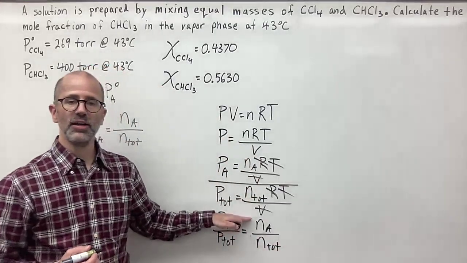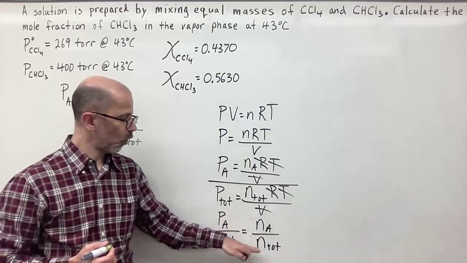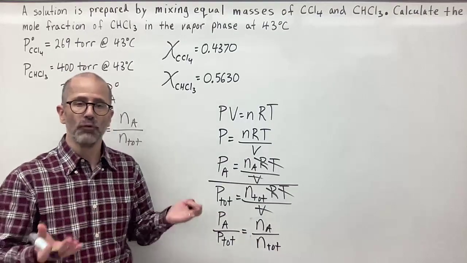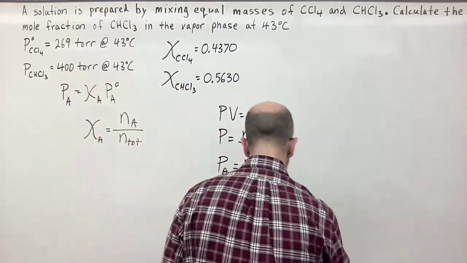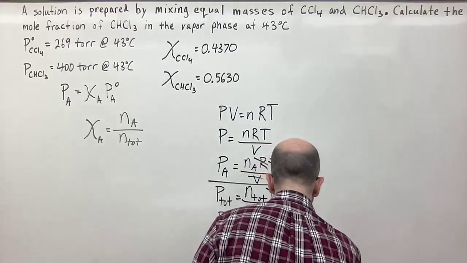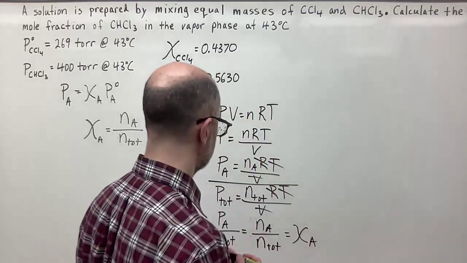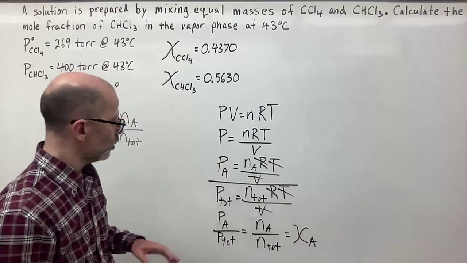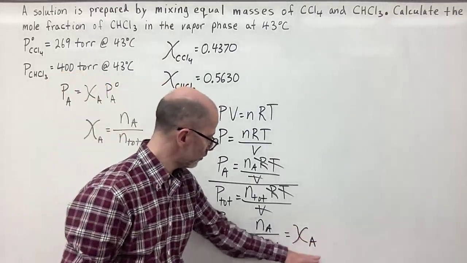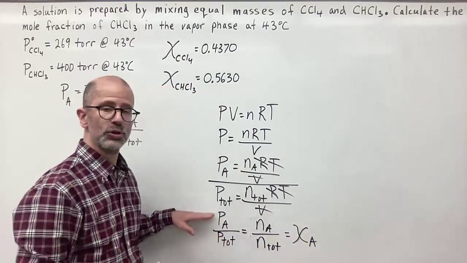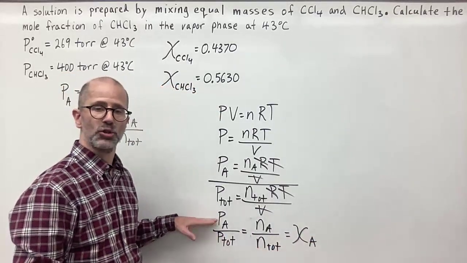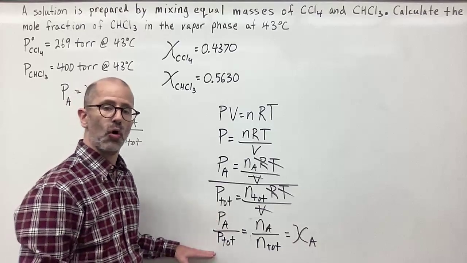Well, what is the moles of A over the total moles? That's the mole fraction of A, so that's going to be chi of A. So this mole fraction is equal to the ratio of the partial pressure of our substance over the total pressure.